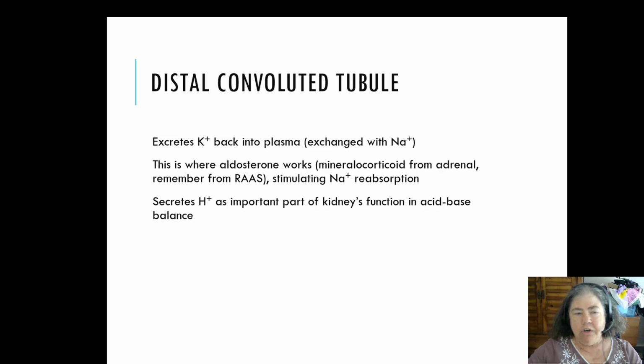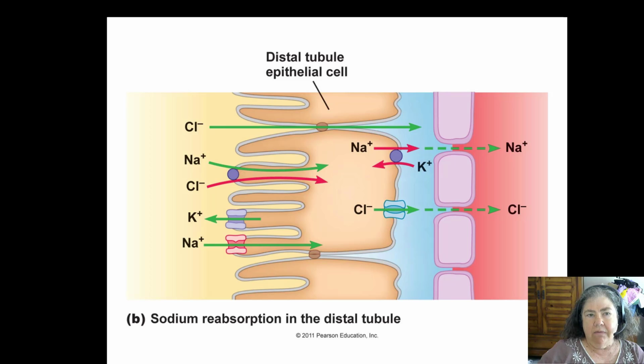In addition, the distal convoluted tubule is a site where hydrogen ions can be secreted and added back into the extracellular compartment. And this is part of how the kidney works to help in acid-base balance. So if sodium ions are low, meaning that the condition is alkalosis, then hydrogen ions are secreted or added to the system by the distal convoluted tubule.